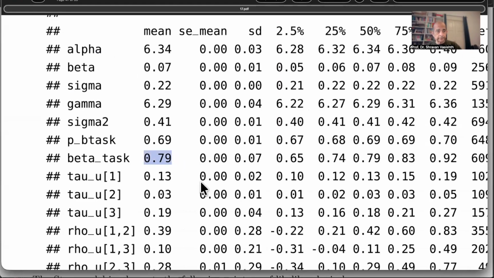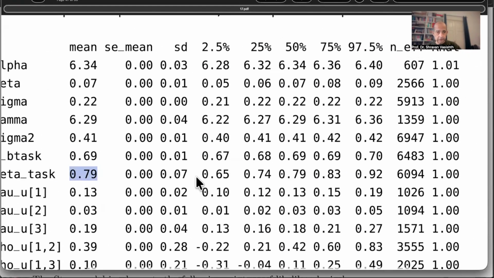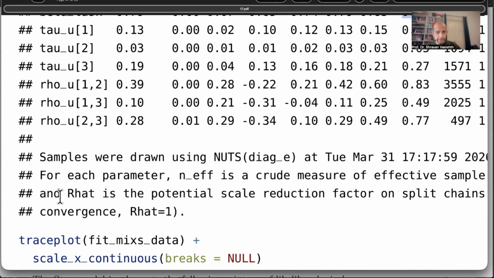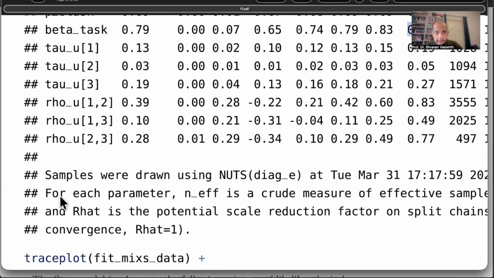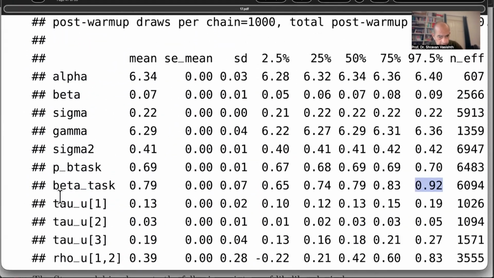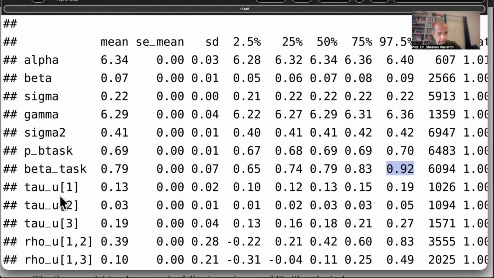This number here and 95% credible interval, you're going from 65% to 92%, right? So it's a pretty tight interval here. Oh, sorry. Yeah, right. This is not a percentage. I'm sorry. This is in log odds. So log odds 0.79, and I got fooled by these percentages here.